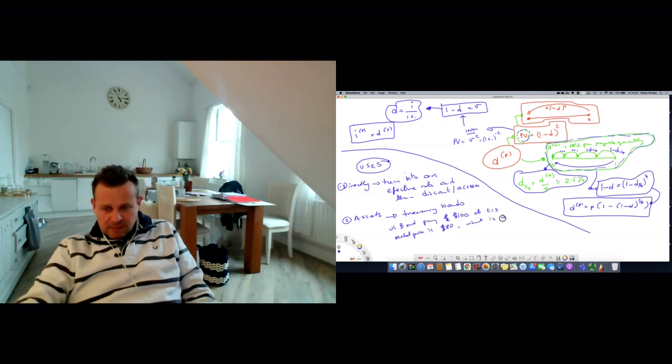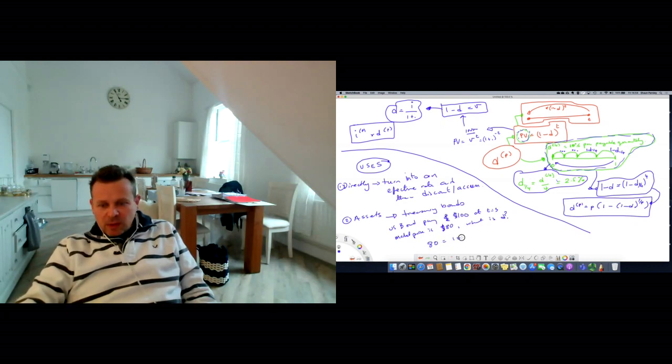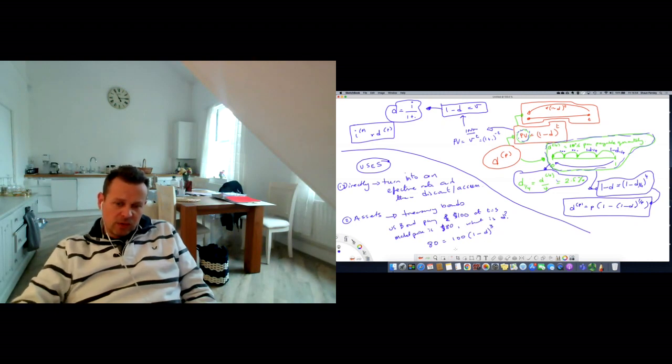What is d? I've played on it a bit. Usually you're given d, you're given a maturity price, and you have to find the market price. So 80 equals 100(1 minus d)^3. There we go. Not going to do that algebra for you. You can do that.